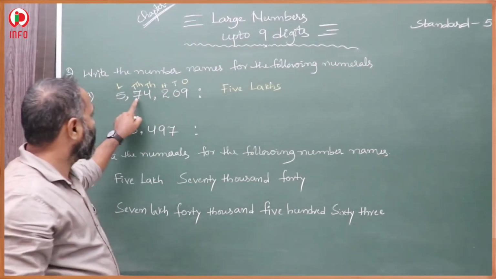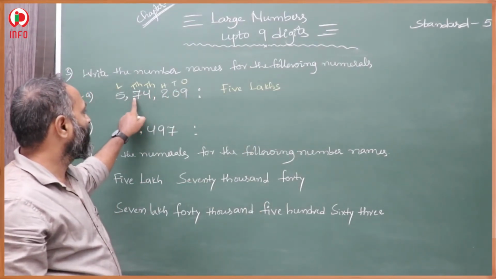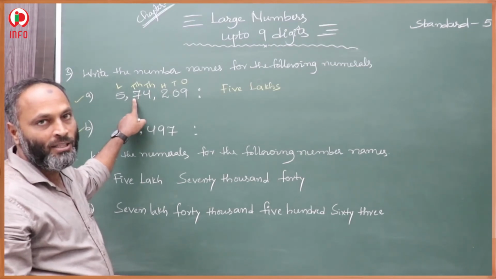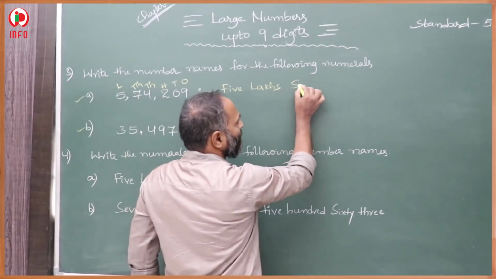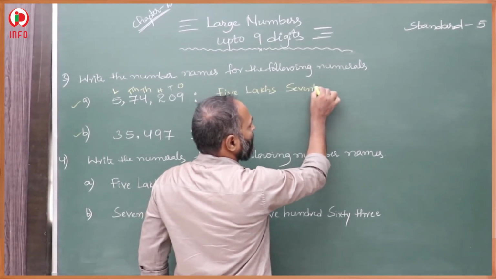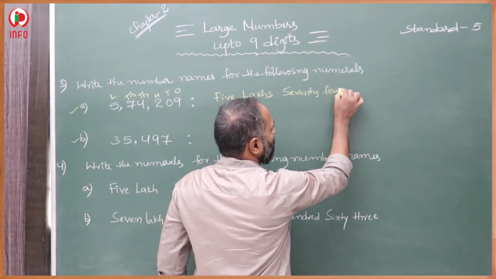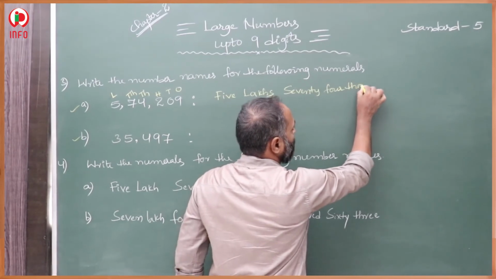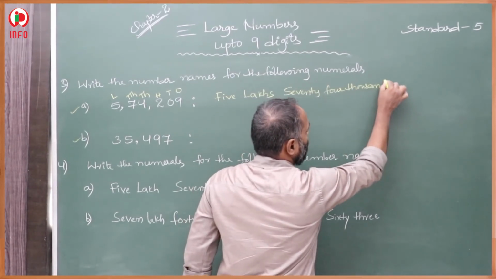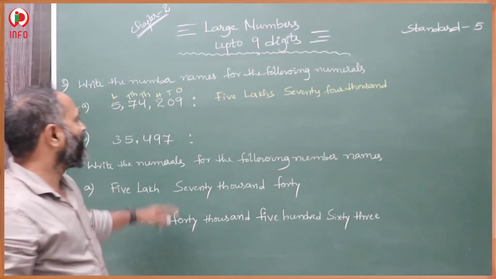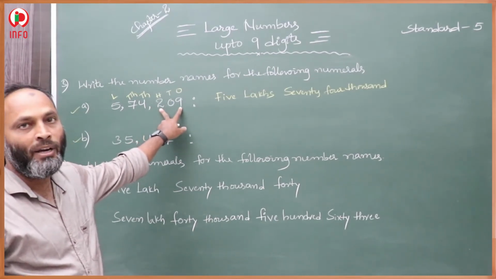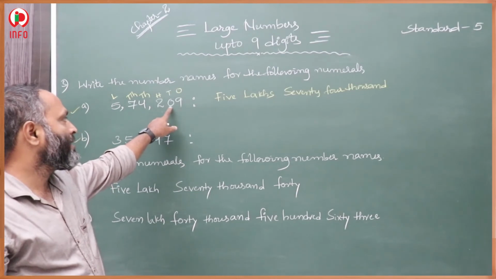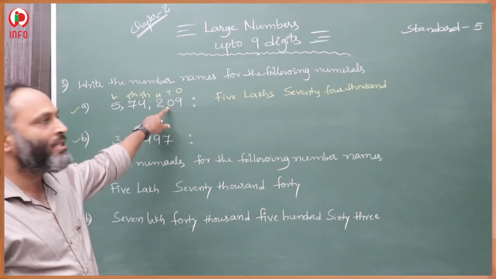5 lakhs, 74. This is the 70,000 period. 74,000. Then 209: 2 is in the hundreds place, 9 is in the ones place, and there is no tens.